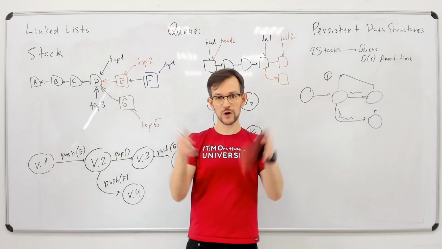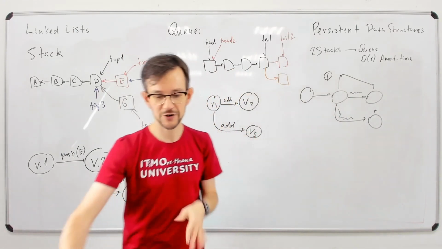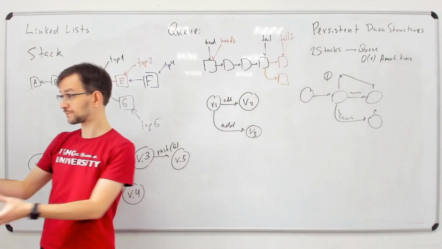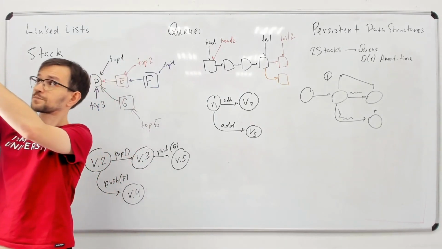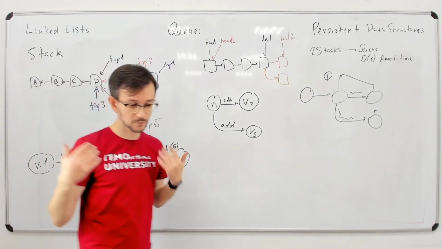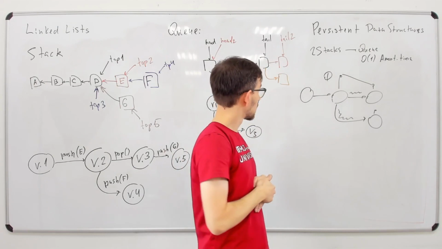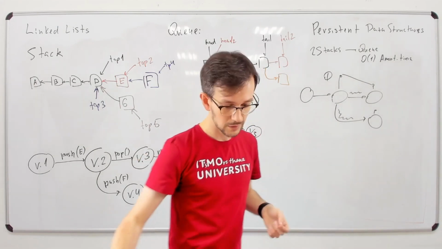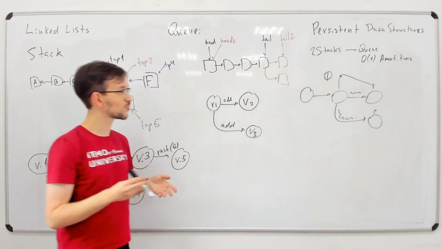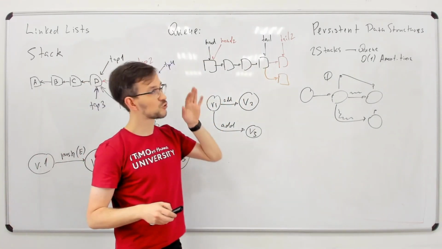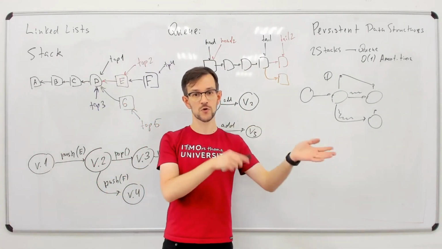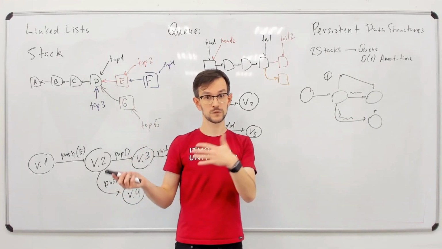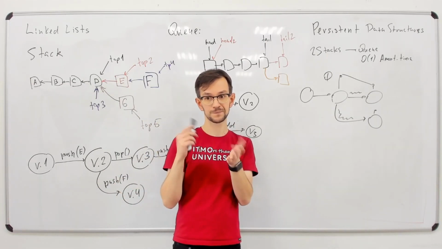So all operations are long, and the amortized time will not be small. That's what will happen if you try to make a persistent data structure from an amortized data structure.